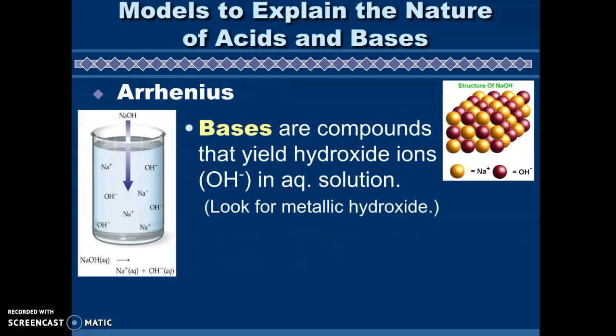Arrhenius bases are compounds that yield hydroxide ions in aqueous solution. We know acids yield protons or H+ ions in solutions. Bases, however, yield OH-, and that is also called hydroxide.